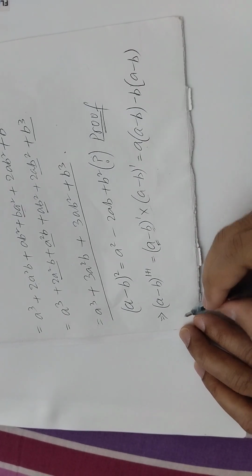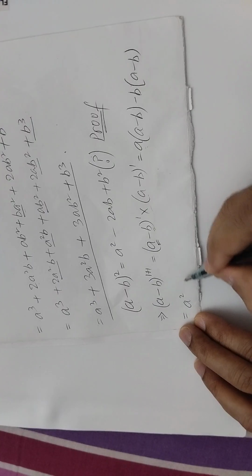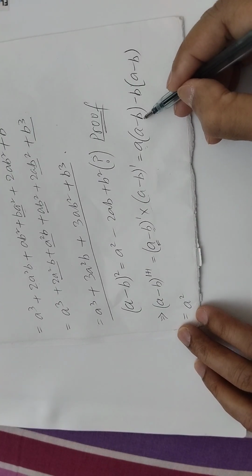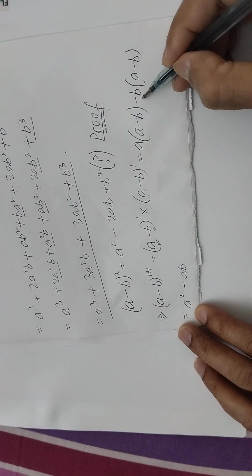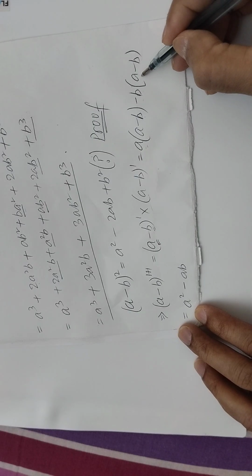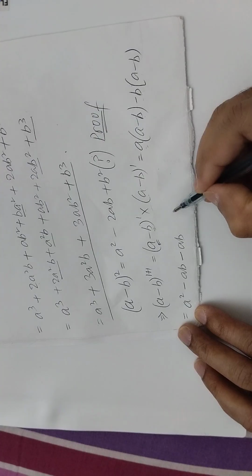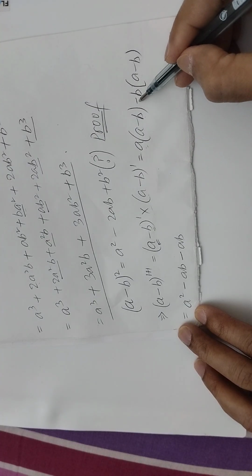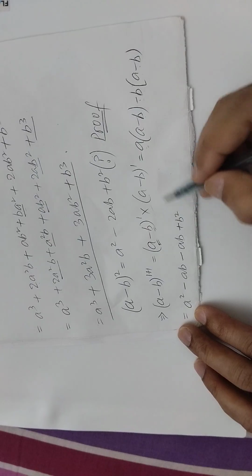Now I go on expanding them, which is a into a, a square, a into minus b is minus ab, minus b into a, I can rearrange and write as minus ab, also minus b into minus b is plus b square.